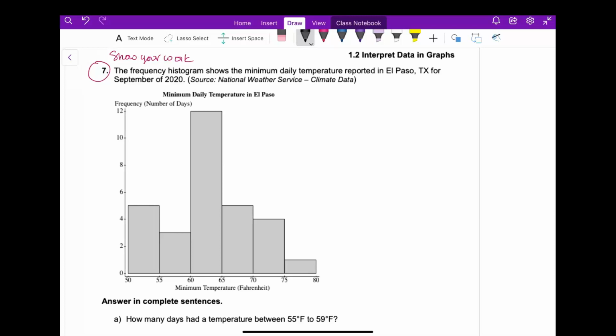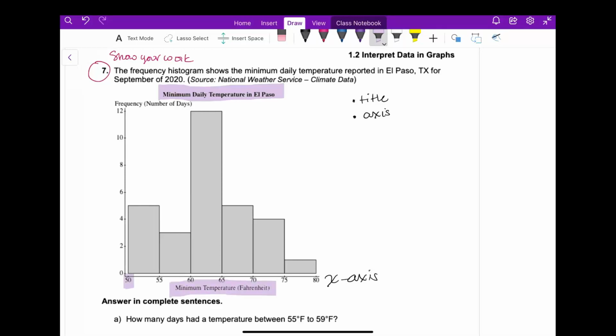So this is the minimum daily temperature. Before I answer any questions, let's focus on the title, minimum daily temperature in El Paso. Title, axis, let's go in here, x-axis. What does the x-axis show me? The x-axis shows me the minimum temperature.